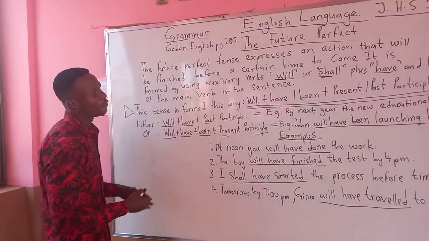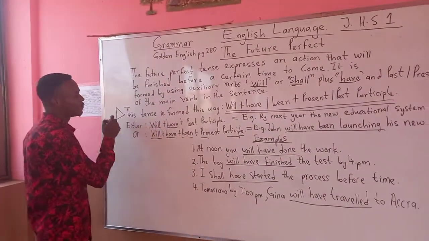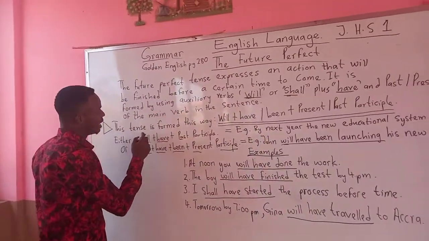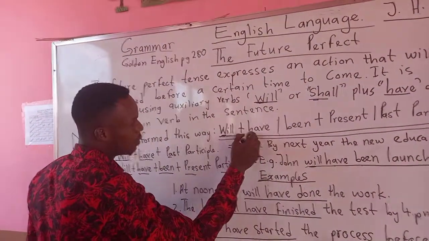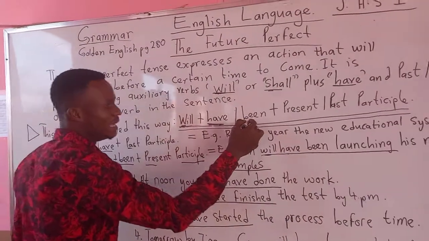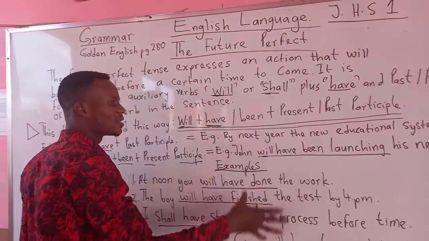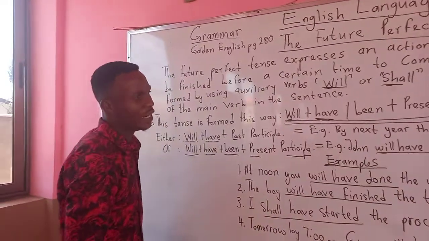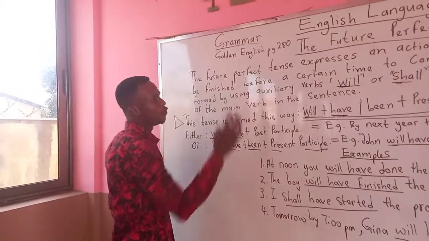And also, for you to form sentences under the future perfect, just look at its format, which says this tense is formed this way: will plus have or be plus present or past participle, based on how the sentences are formed or arranged in the passage. So this is how we form the future perfect.